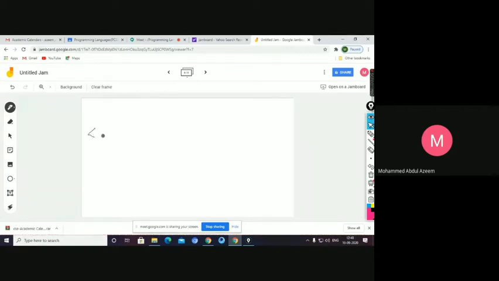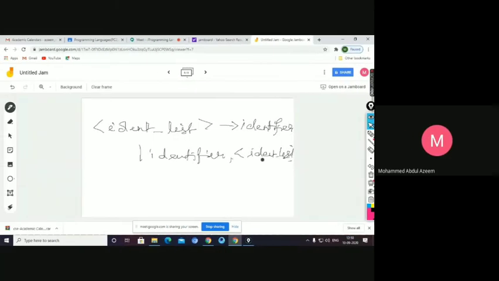I write identifier list is defined to be identifier, or identifier followed by comma followed by identifier list.